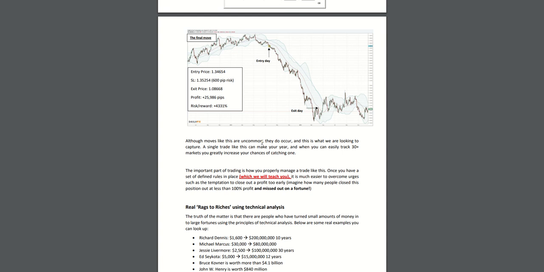So this is a fantastic example of a move. These don't happen all the time, but the good thing about them is these are the kind of moves that can really make your year. You catch one or two of these a year, you're going to be in massive profit.